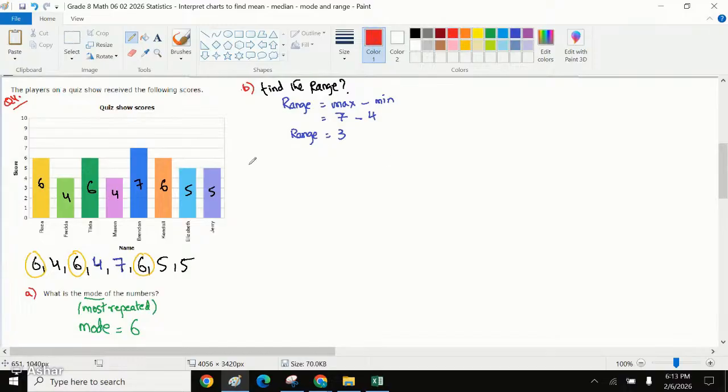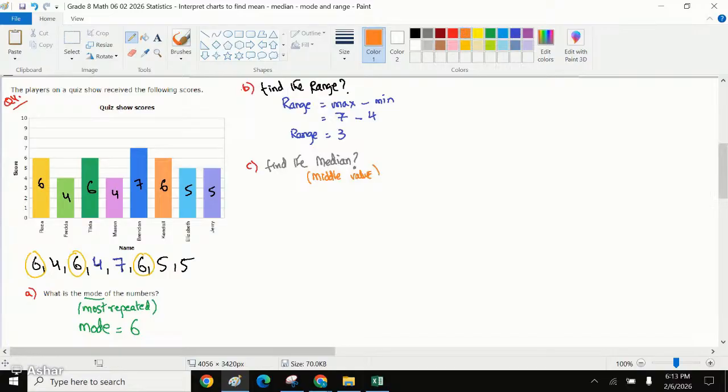Let's see another. They are asking us to find the median. And we know that median is the middle value. There's a difference between a middle value and the average, which is the mean.